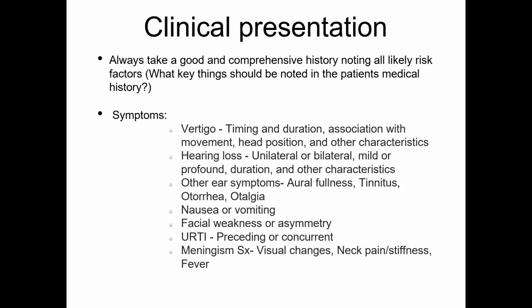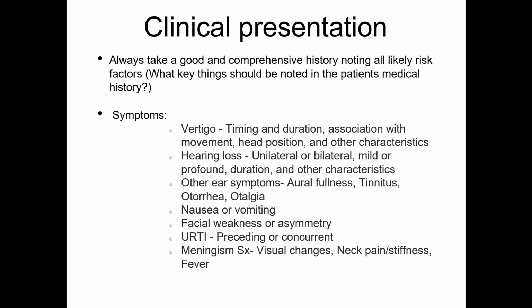Then you also ask about hearing loss. So a patient will come in with vertigo and hearing loss, which can be unilateral, bilateral, or profound, such that they will not be able to appreciate any word said. And other ear symptoms: the patient will have aural fullness, a feeling that the ear is heavy because fluid is accumulating in the inner ear. Then tinnitus, that is the extra sound.